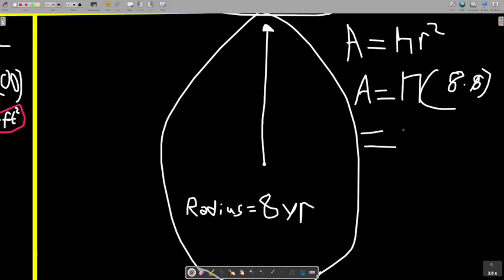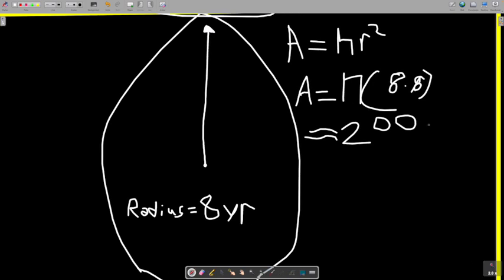That's around 200. It's approximately equal to 200. Let me make it an approximately equal sign, so we know that it's not the exact answer. It will be an irrational number since pi is an irrational number. So that's the answer. Area is approximately 200 square yards.